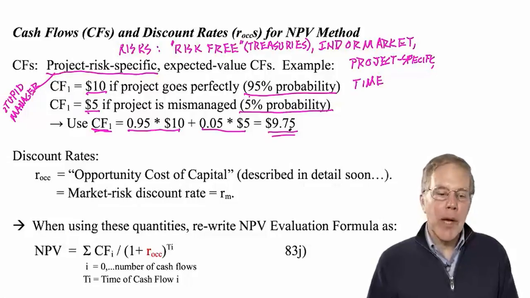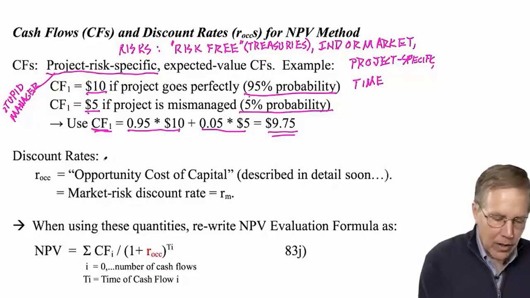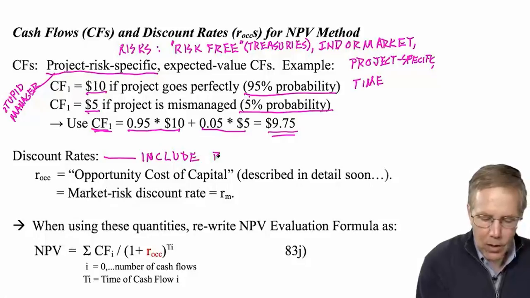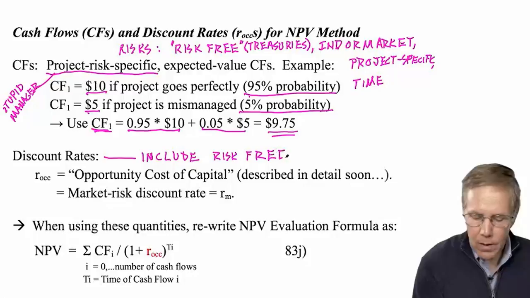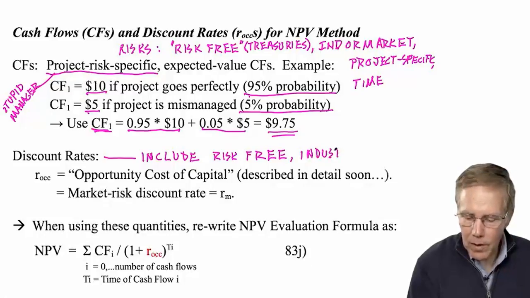Next thing we want to think about is what discount rates are we using here. And in the discount rates, we want to include our risk-free risk and our industry or market risk.